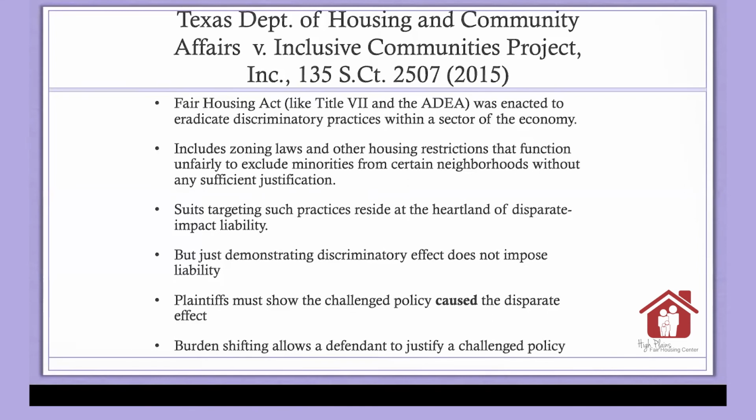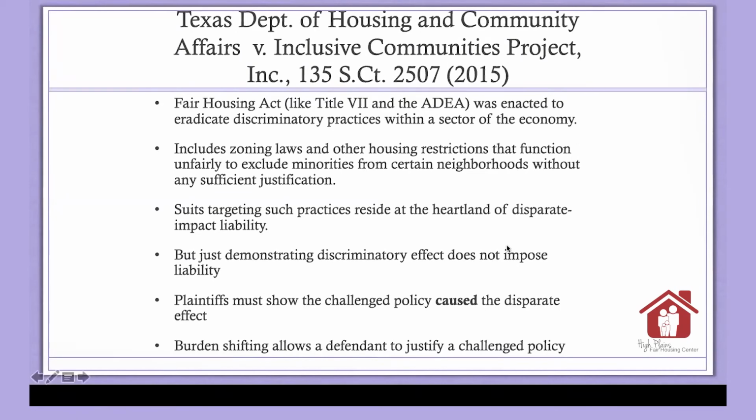That suits targeting such practices reside at the heartland of disparate impact liability. But just demonstrating a discriminatory effect, those numbers I showed you, those proportions of who lives where and the racial makeup of the neighborhood, that alone, the court said, does not impose liability.